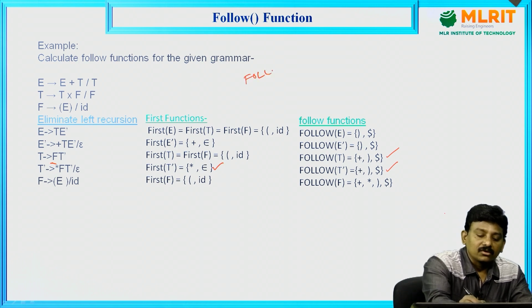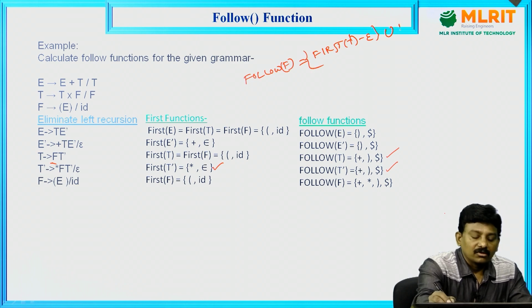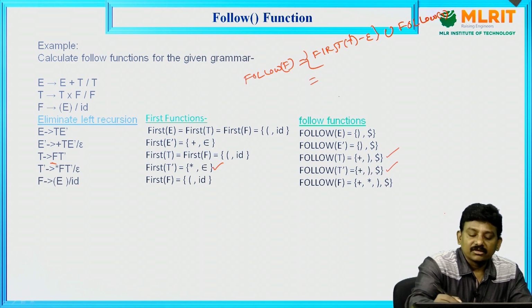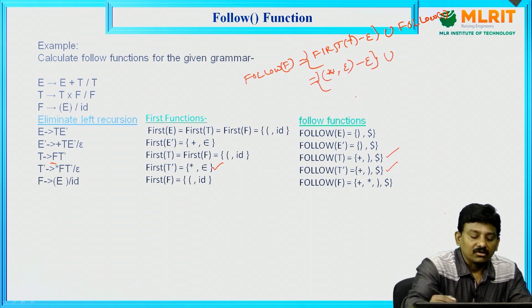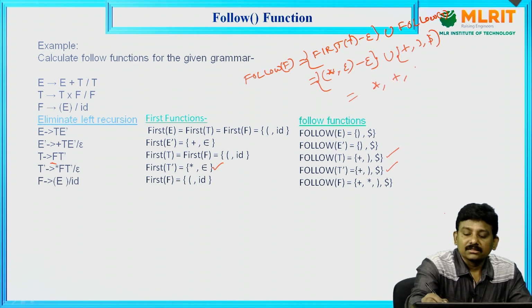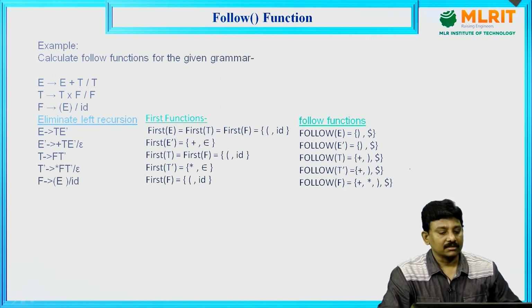So follow of F is first of T dash minus epsilon, union follow of T. First of T dash is star and epsilon; excluding epsilon and taking the union with follow of T, which is plus, right parenthesis, dollar, we get star, plus, right parenthesis and dollar. Like that we can calculate the follow function.